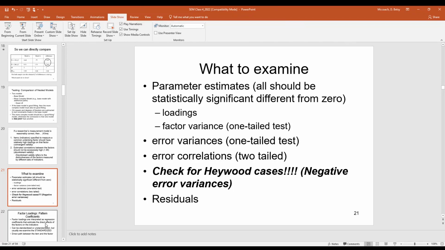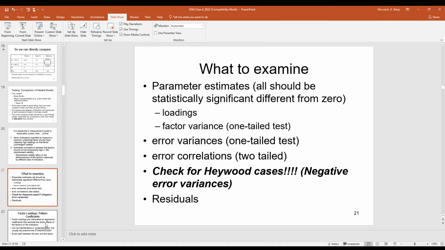So when you look at your results in Mplus, not only do you want to see that you get results and that the model estimation terminated normally, but you also want to make sure your results make sense. If you get one or more negative error variances, you have to say to yourself, that can't be right, so I don't really trust my results.